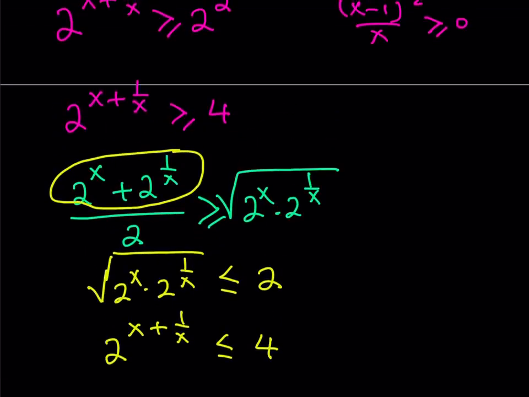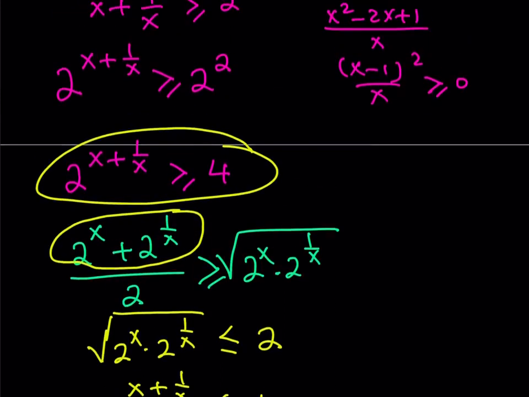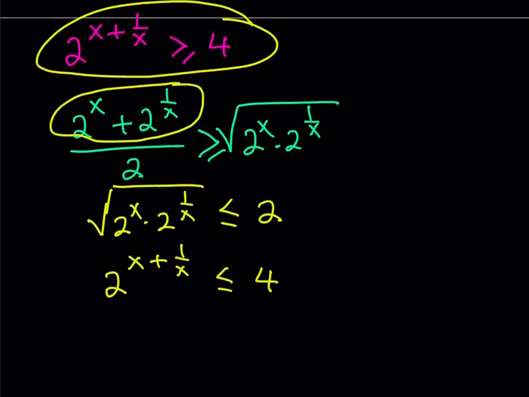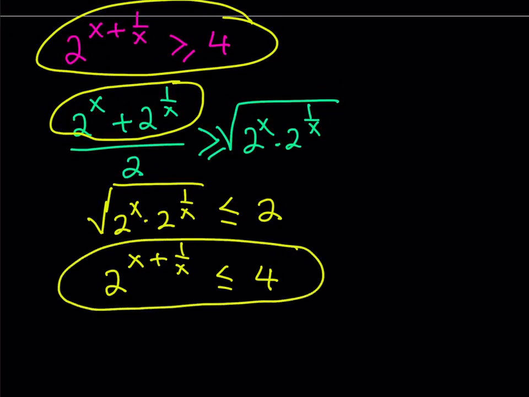But notice that we basically got that this expression is supposed to be greater than or equal to 4 if you start with the assumption that x plus 1 over x is greater than or equal to 2, which is true for positive x's. Now, what is that supposed to mean? Well, we have two contradicting statements, but this means that 2 to the power x plus 1 over x is supposed to equal 4.